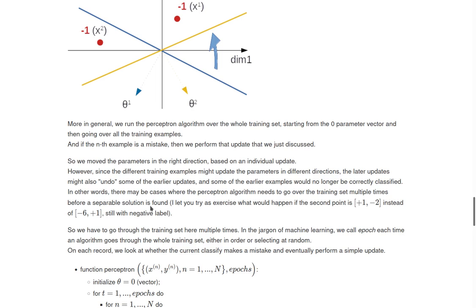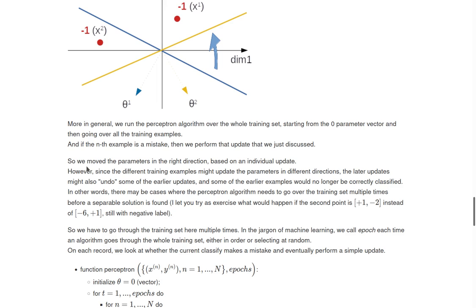However, since different training examples may update the parameter in different directions, later updates may undo some of the earlier updates. Because the update is based on one individual point, some of the earlier examples may no longer be correctly classified.